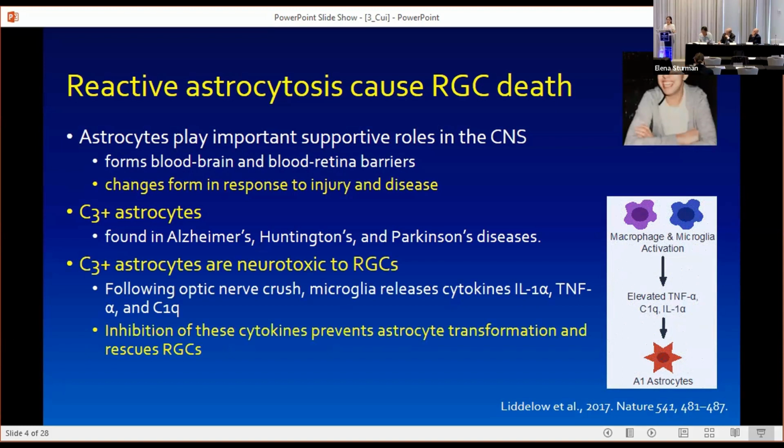These cytokines will be important later, and I'll come back to them. These cytokines result in reactive astrocytosis and the formation of C3 positive astrocytes, and these astrocytes are responsible for retinal ganglion cell death. They know this because by giving neutralizing antibodies to this trio of cytokines, they were able to rescue retinal ganglion cells after optic nerve crush.